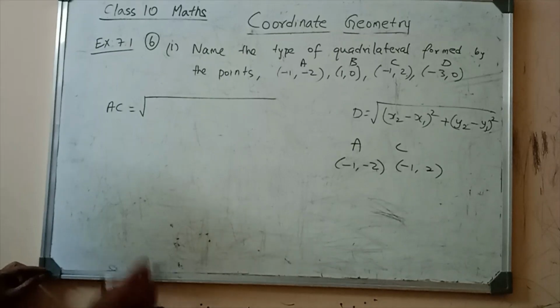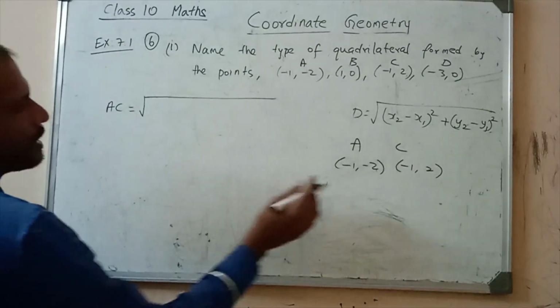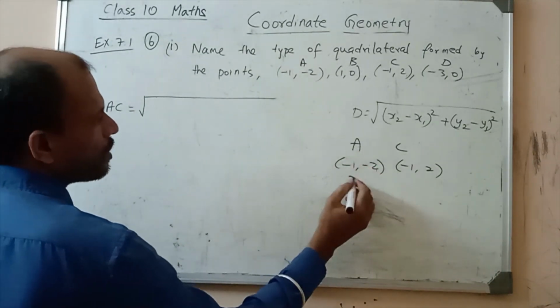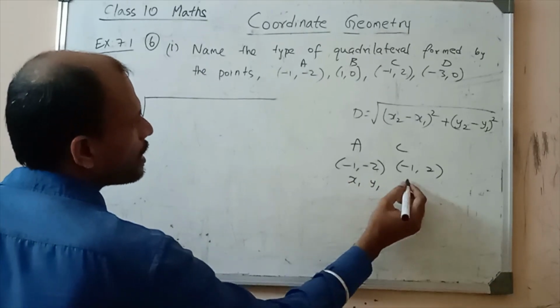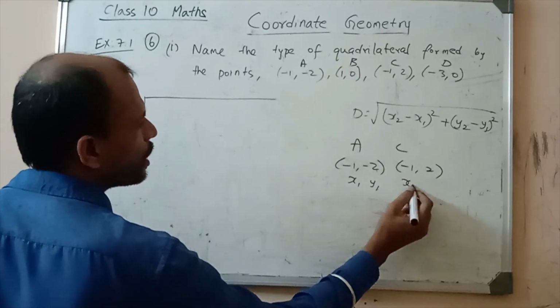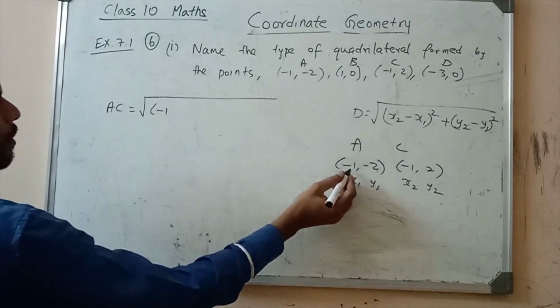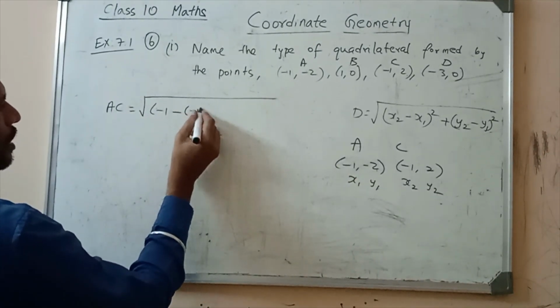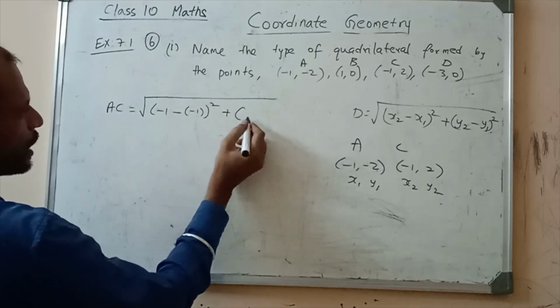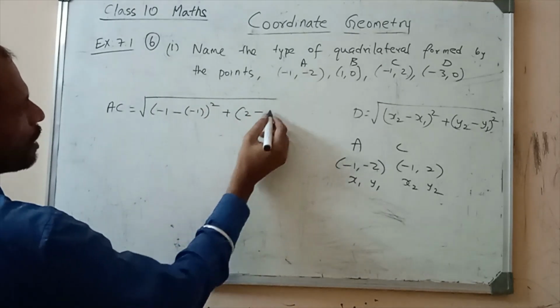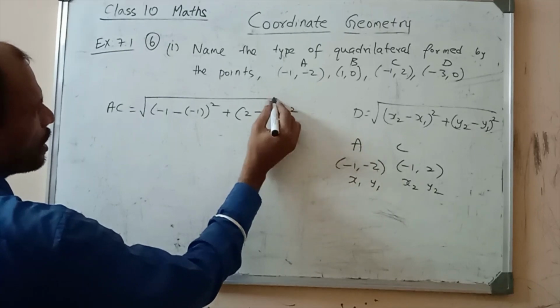Now let us find the length of the diagonal AC. A(-1, -2) becomes x1, y1, and C(-1, 2) becomes x2, y2. So x2 minus x1, minus 1 minus, again minus 1 square, plus y2 2 minus y1, again minus 2 square.